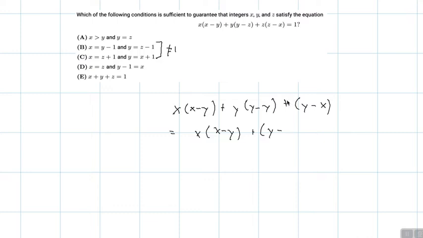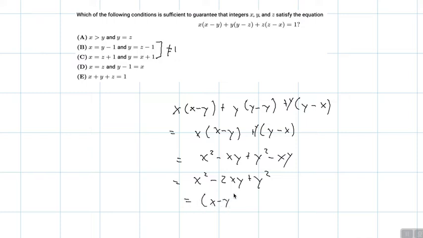This should be y times y minus x. And multiplying this out, we get x squared and this is equal to x minus y times x minus y.